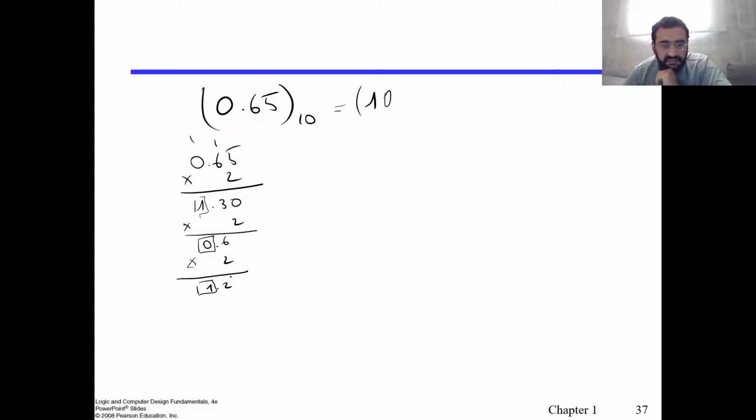We have a 1. We write it here. Now we have 0.2 multiplied by 2 is 0.4. We get a 0. We write it here. Now 0.4 multiplied by 2 is 0.8. We write the 0 here, this one. Then we make the multiplication again. Now we have 1.6. So we take the 1, and then we write it here.